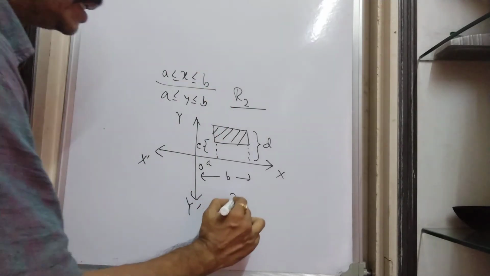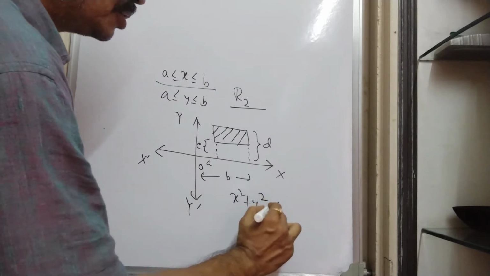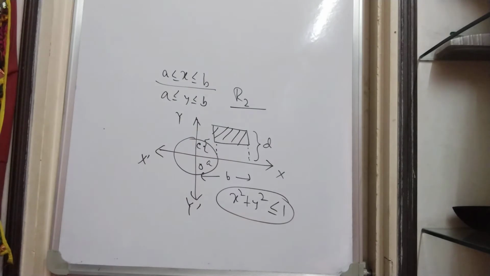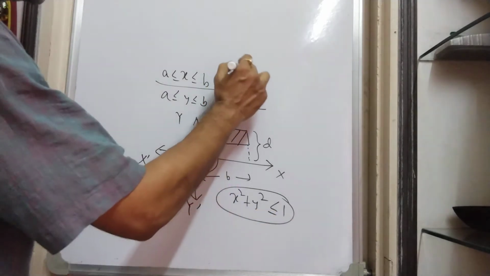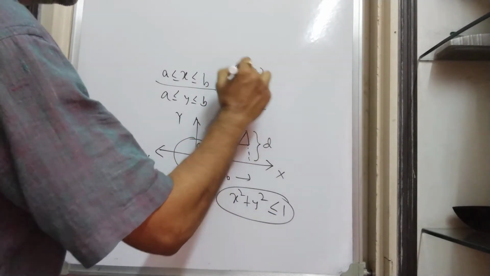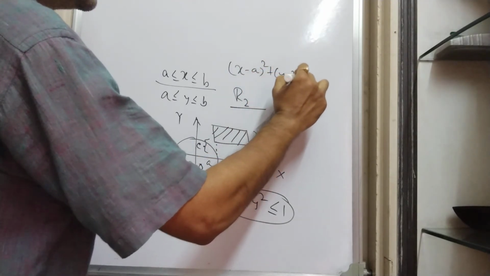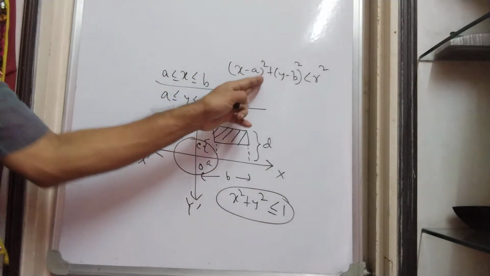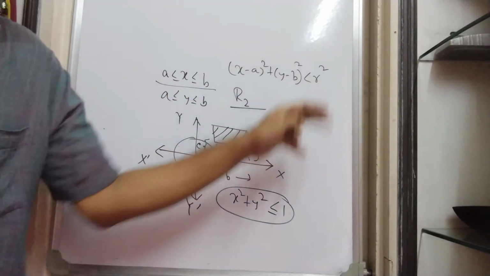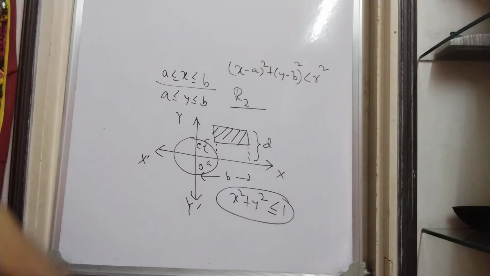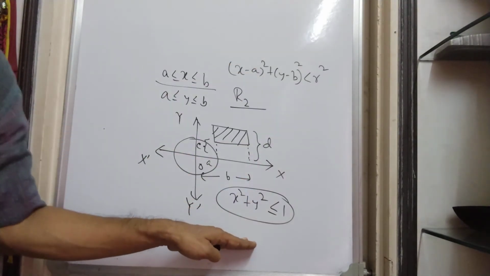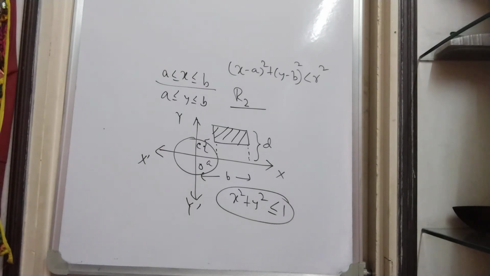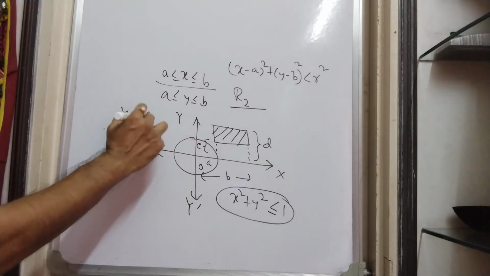Similarly, we may define a circular neighborhood. This is a circular neighborhood centered at origin having radius 1, and we may define this type of circular neighborhood having center at (a, b) and radius R. Obviously you can see that this is an open neighborhood and this is a closed neighborhood. These are simple concepts which can be extended from your idea of a function of a single variable.